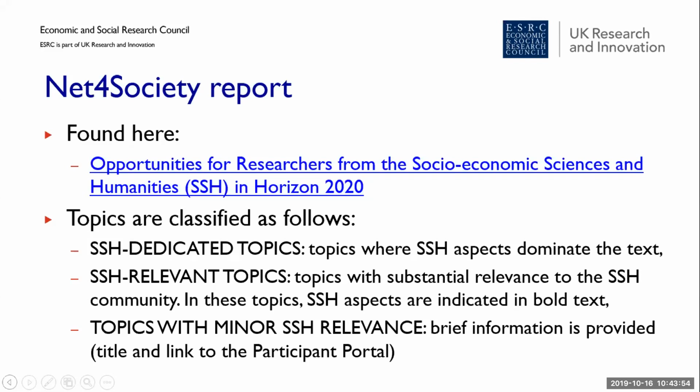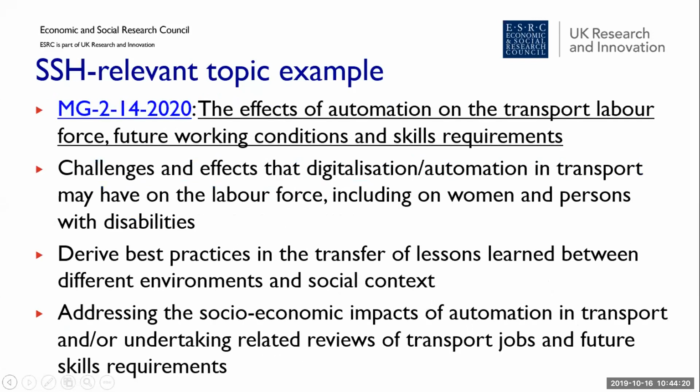So, varying levels. This is a long PDF document, but if you don't want to search on the Funding and Tenders portal by keyword or by call, you can just do a free text search within this document, or have a look through. It is long, so you might want to cut it down slightly, but it's really helpful.